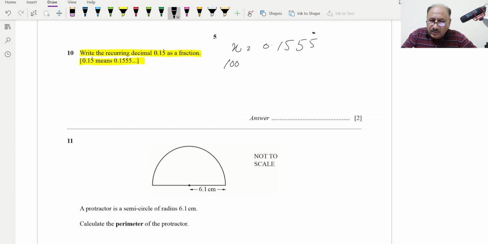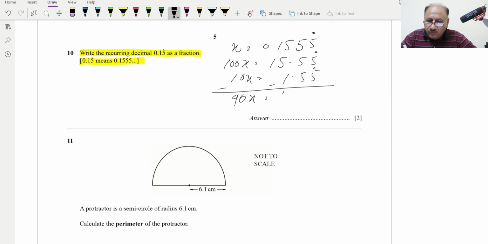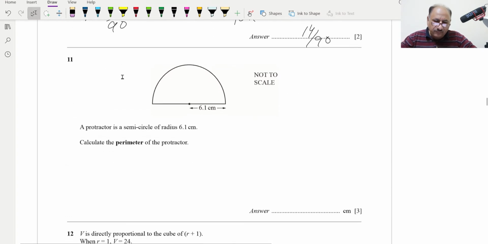So 100x will be equal to 15.55 recurring, and 10x is equal to 1.55 recurring, and we can subtract, so it will be 90x is equal to 14, so x will be equal to 14 over 90, and this will be the fraction format, or we can write 7 over 45. So this is done.